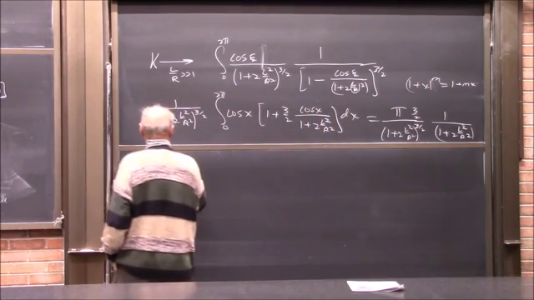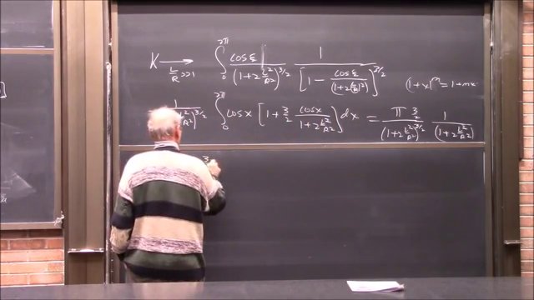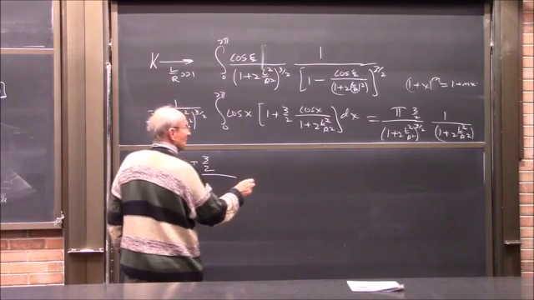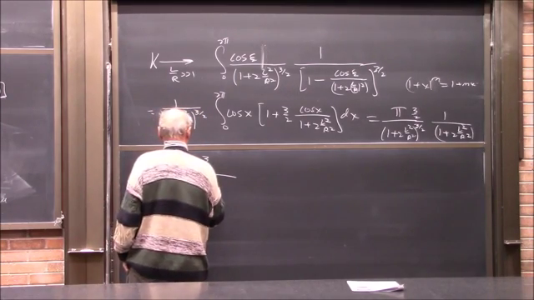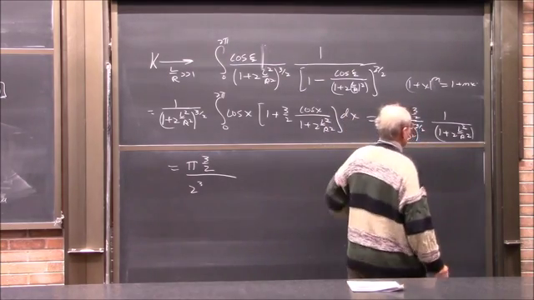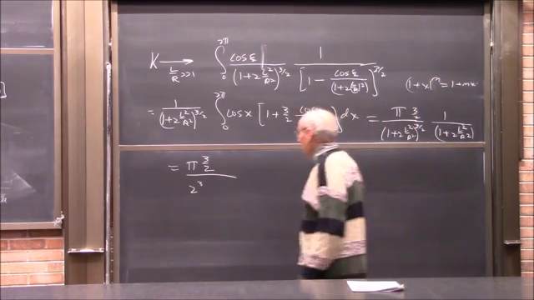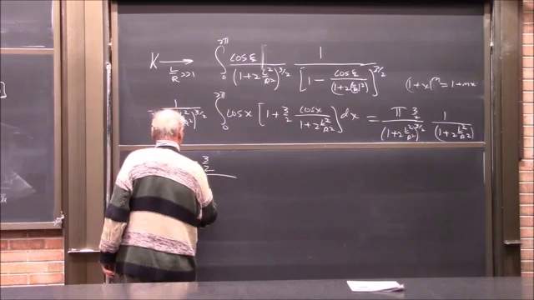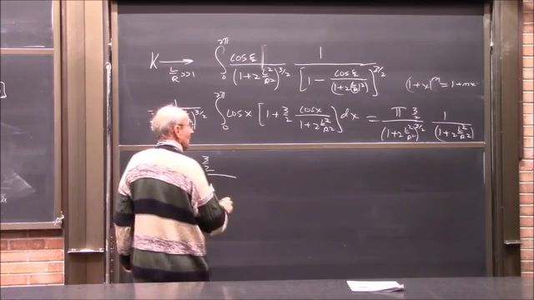And so we get pi times 3 halves, 2 to the 3 halves, 5 halves, 2 to the 5 halves.